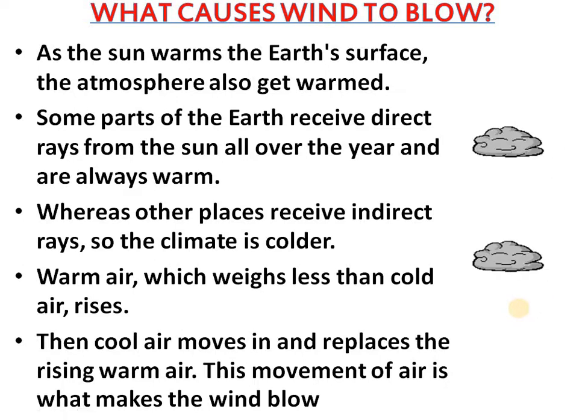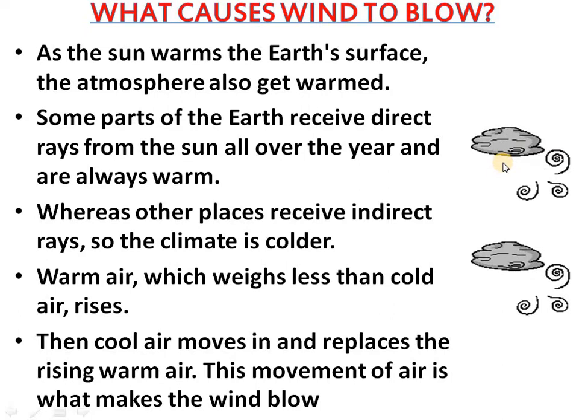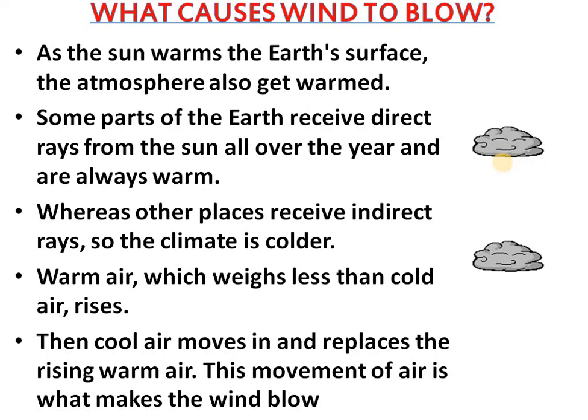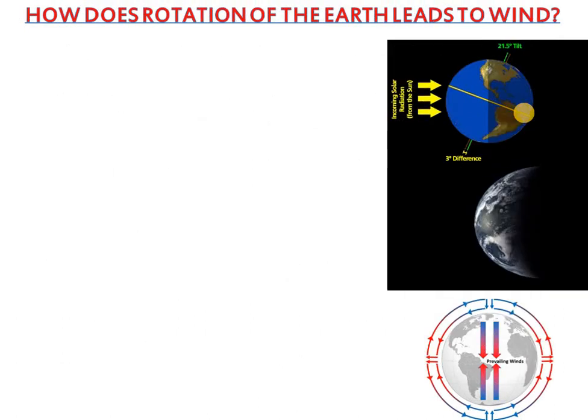As a result, a vacuum, a free space, is created at the hot region, whereas in the cold region, pressure is high. So the air from the high pressure region, or cold region, moves to the hot region. That movement is collectively called wind. I hope this idea is clear. It is a simple way to state the reason for wind.